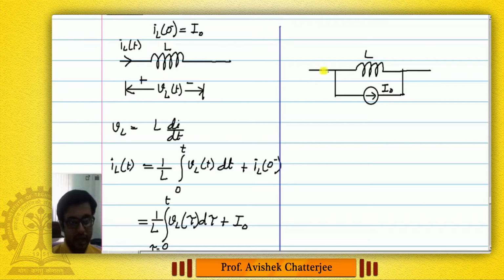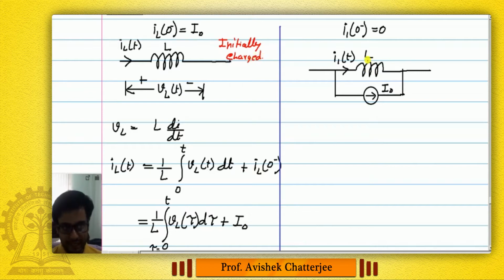Okay. However, if I call this current through the inductor I1(t), in this circuit I1(0-) is equal to 0. That means this inductor was initially uncharged, but the other inductor is initially charged.